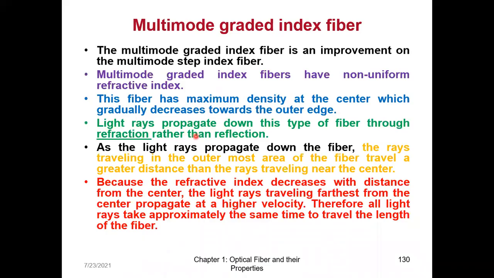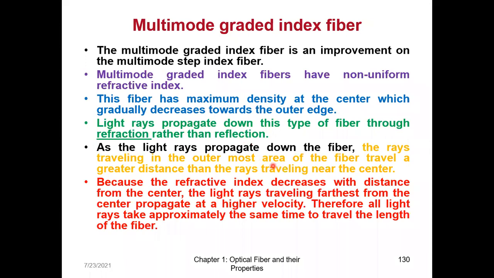We have already seen that in multimode graded index fiber, we are varying the refractive index of the core. At the center, the refractive index is maximum, and as we move towards the cladding, the refractive index gradually decreases.